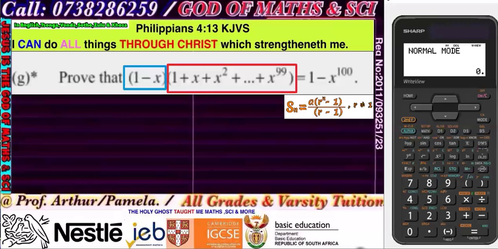The blue box does not form a pattern. What forms a pattern is the red box. Work out the sum of the red box. That's what it means. Once you get the answer, multiply it by 1 minus x.